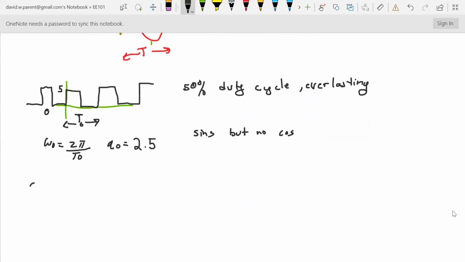Now, x of t equals a 50% duty cycle, 0 to 5. Well, this can be broken up into two regions, right?